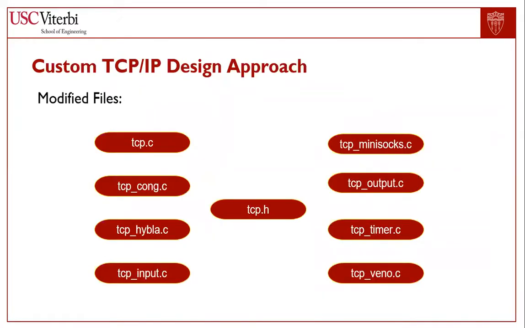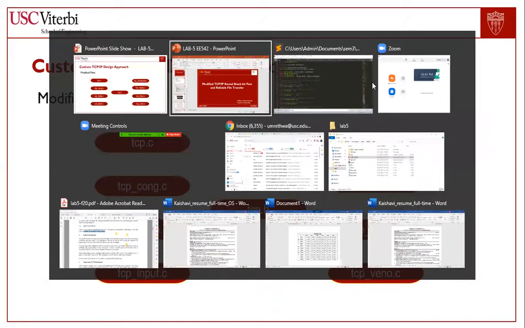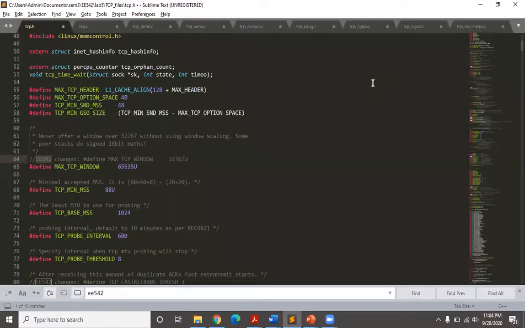Here we have modified the following files: tcp.c, tcp_cong.c, tcp_hybla.c, tcp_input.c, tcp.h, tcp_minisocks.c, tcp_output.c, tcp_timer.c, tcp_veno.c. I am going to brief you regarding the major changes of these files.